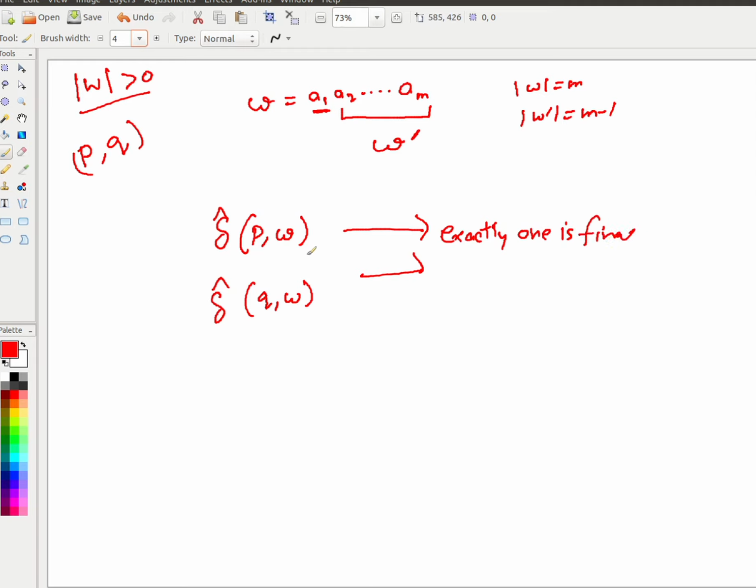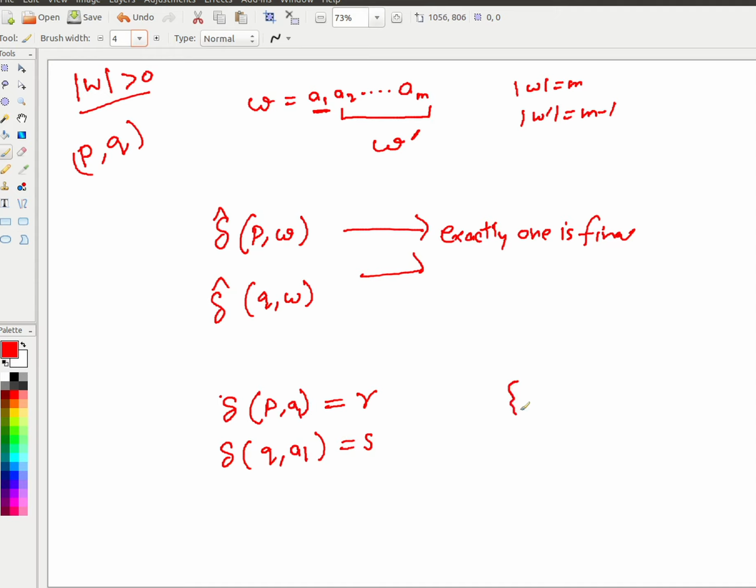And W is the smallest string to do that for P and Q. There is no other smaller string to do that. Now, if I take delta of PA1, let's say it is R, and delta of QA1, it is S.